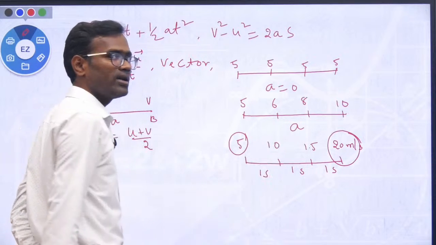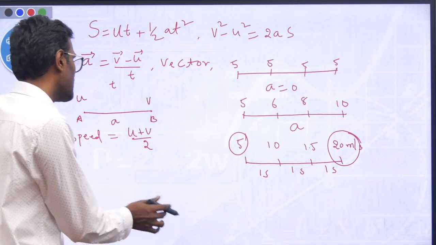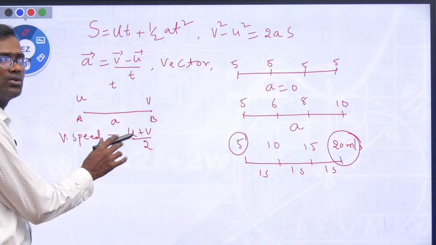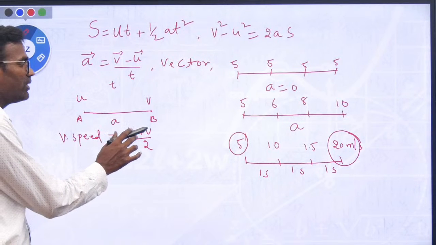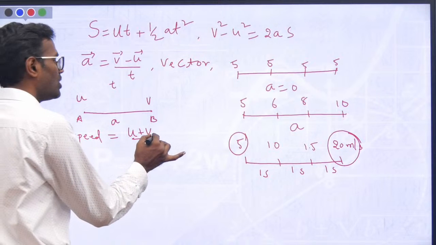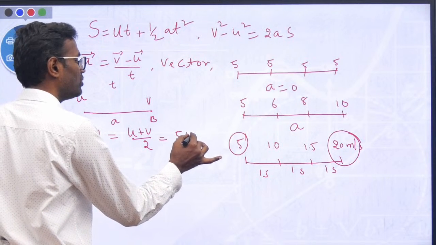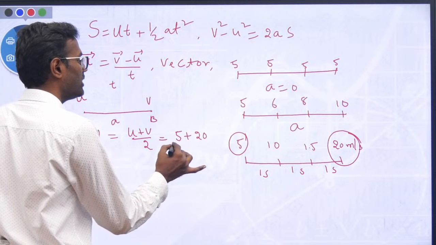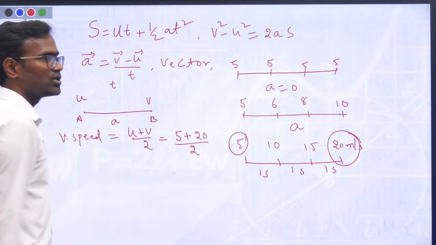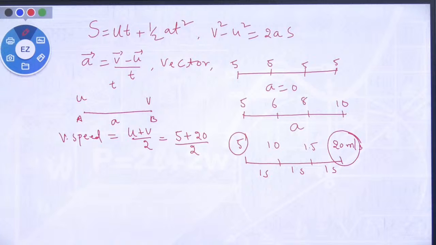To calculate the average velocity, use the formula (u plus v) by 2. Substituting, (5 plus 20) by 2 is 25 by 2, which is 12.5 meters per second. This is your answer.